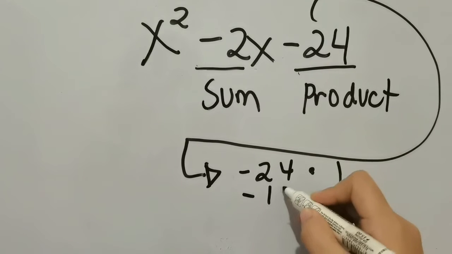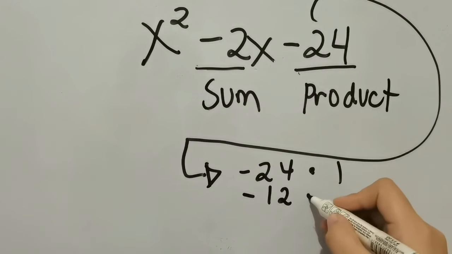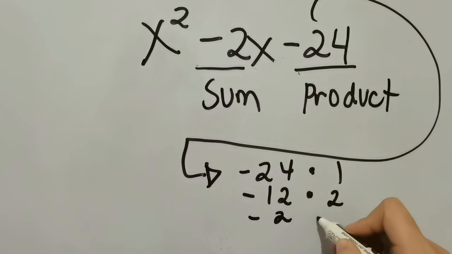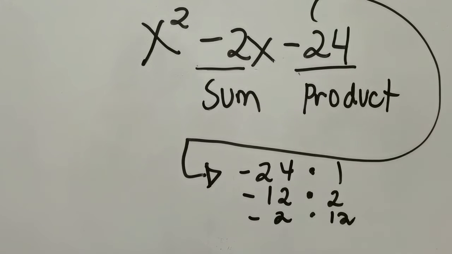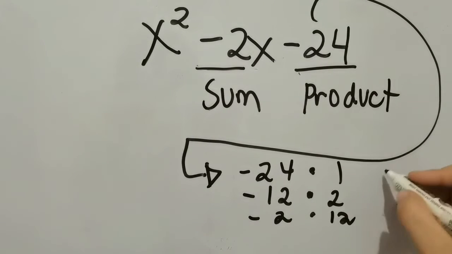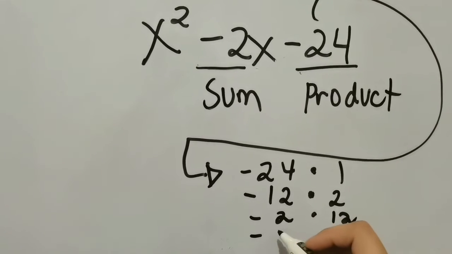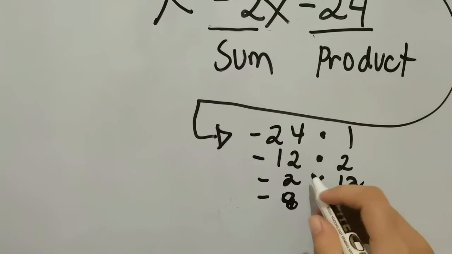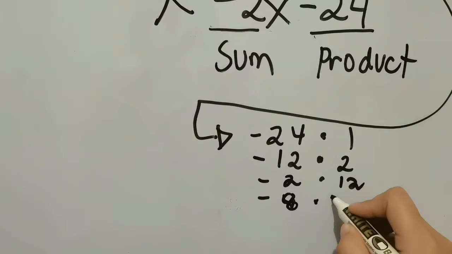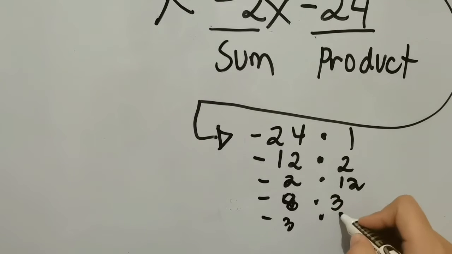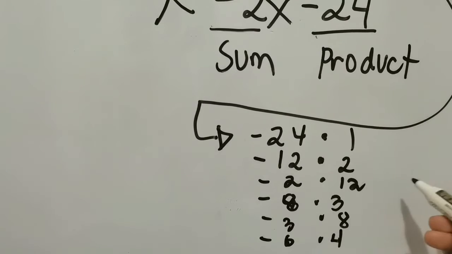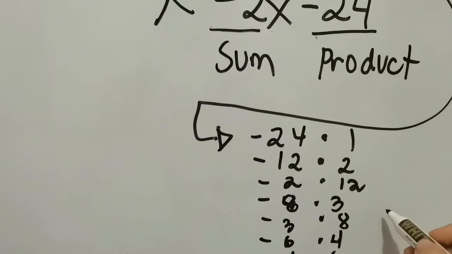Negative 12 and 2. Or negative 2 and 12. What else? Negative 3 and 8. Or negative 8 and 3. And lastly, negative 6 and positive 4, or vice versa, negative 4 and positive 6.